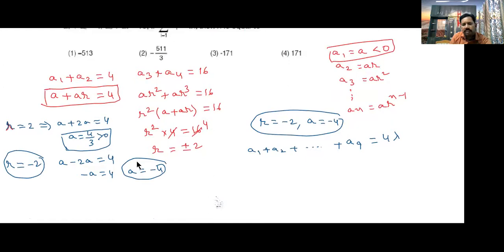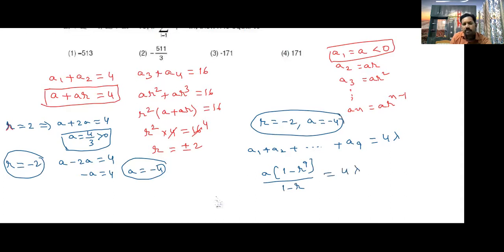What is the formula? A1 means a. a into r power 9 minus 1. And here the r value is negative, so change the formula: a times 1 minus r power 9 by 1 minus r, that is equal to 4 lambda.